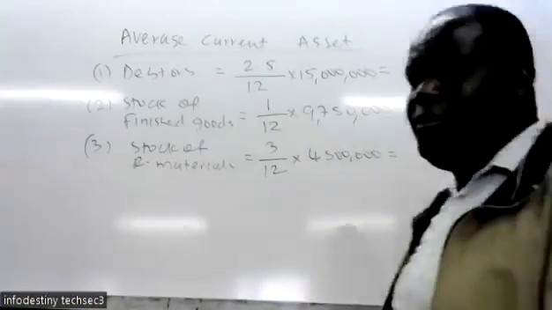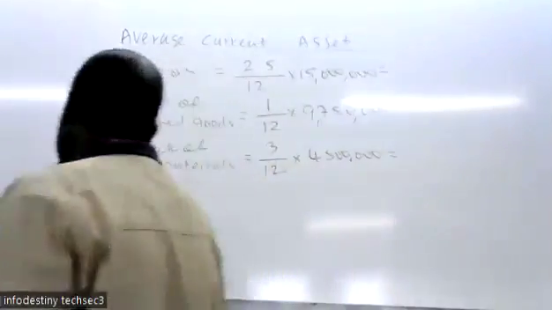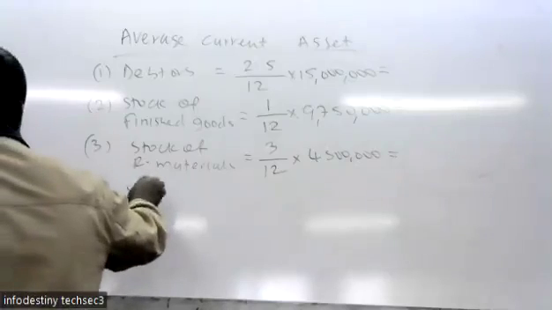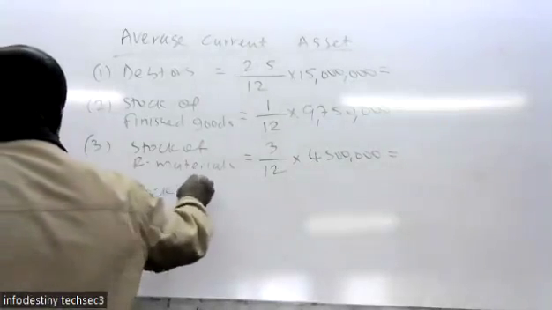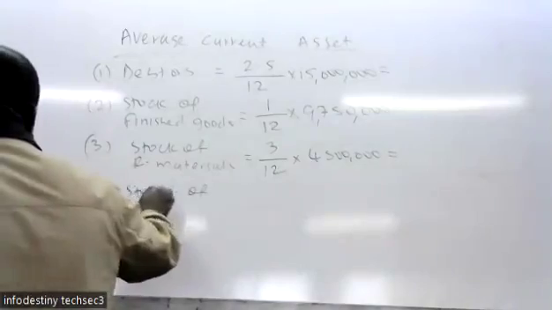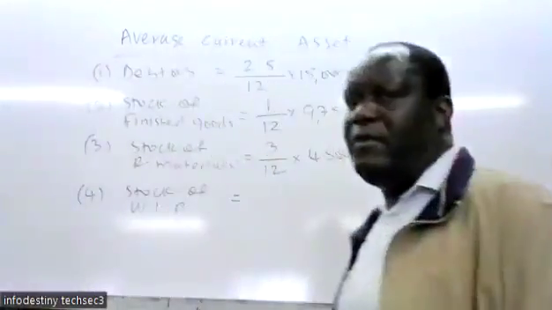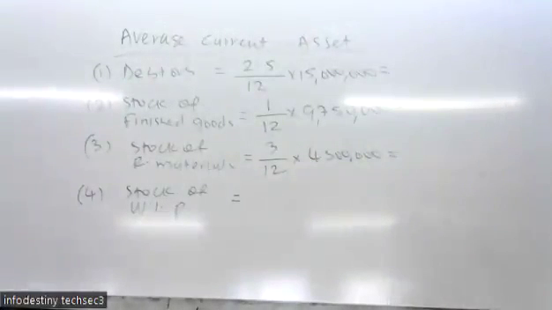The next one should be the stock of the work in progress. So for the stock of the work in progress, you still check the note number 1, bullet number 3.